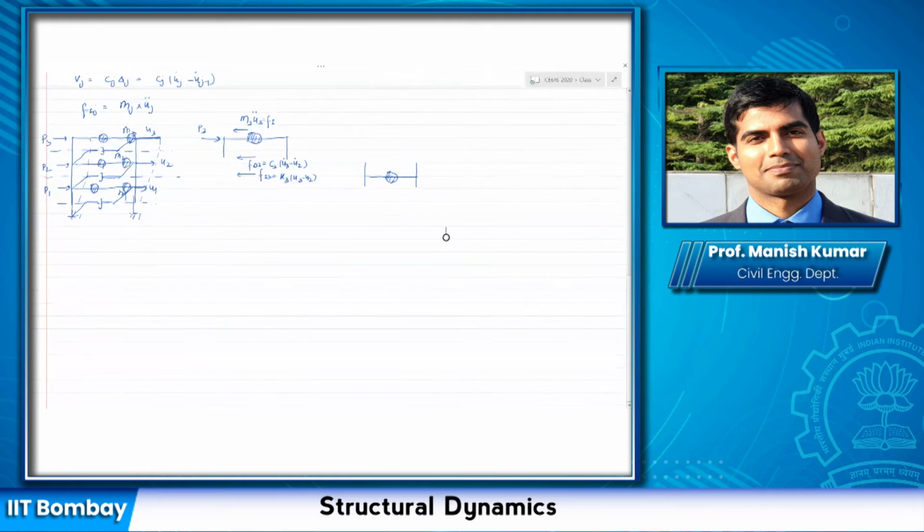So in this direction, I would have force Fd3, then forces Fs3, which are again acting opposite to the direction. Now U3 is in this direction, so I will have inertial force Fi2 equal to M2 times U2 double dot here.